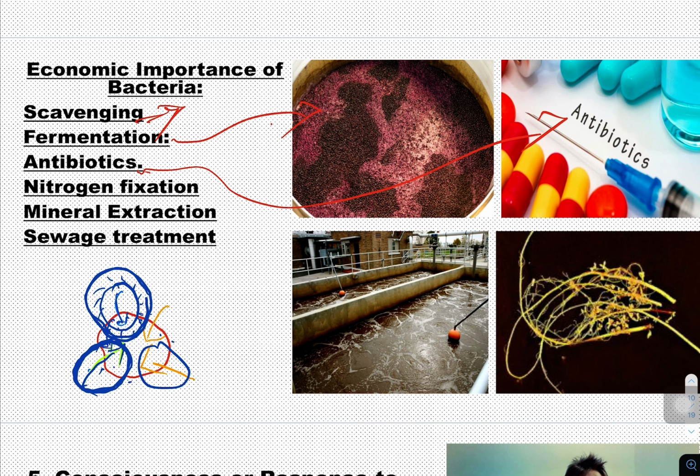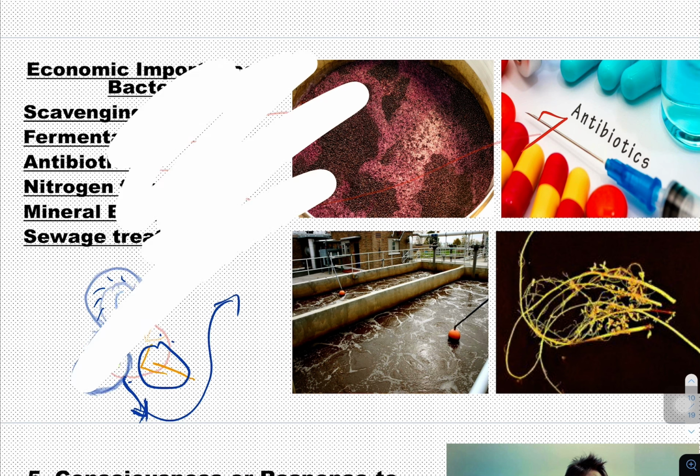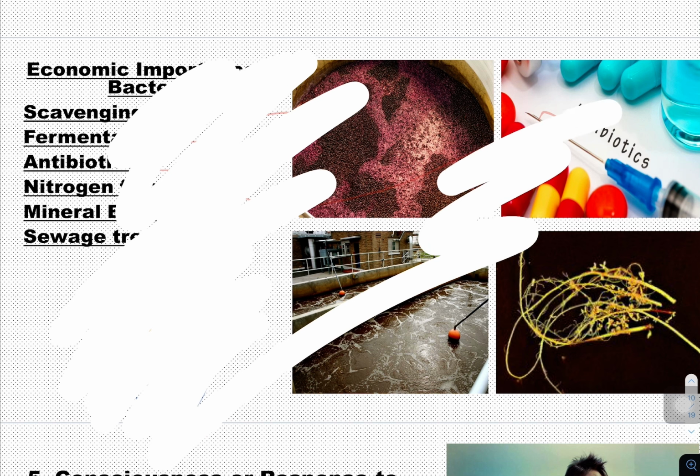These chemicals are called antibiotics. Anti means opposite, biotic means life. They are acting against life. We human beings extract these antibiotics from bacteria and get treated for diseases. So bacteria produce antibiotics.